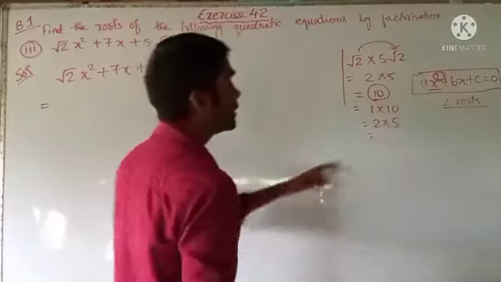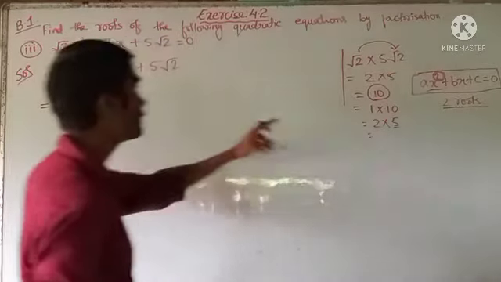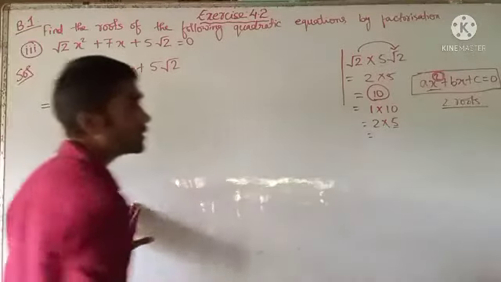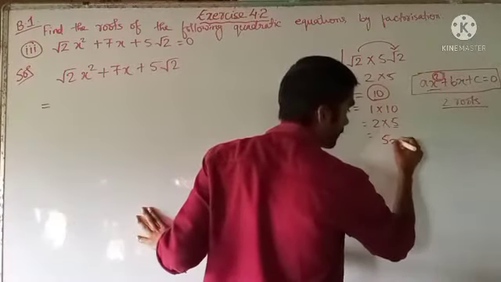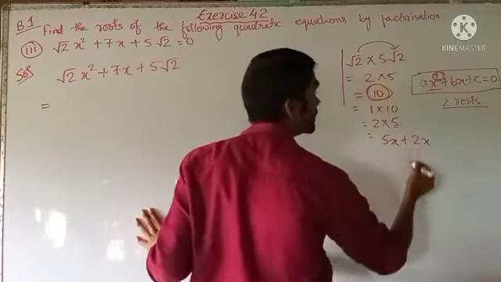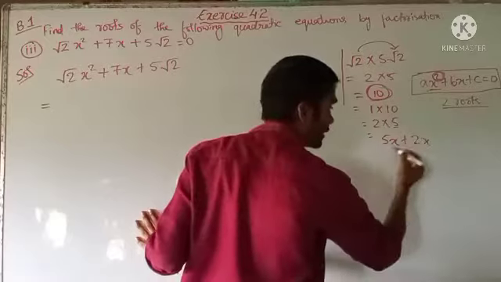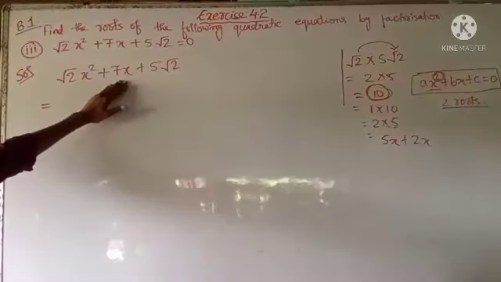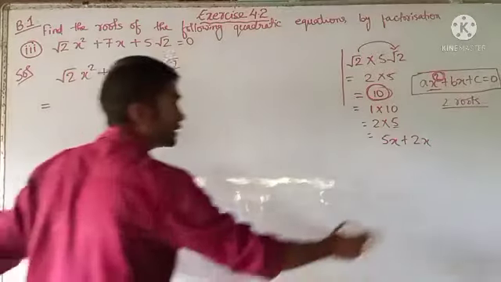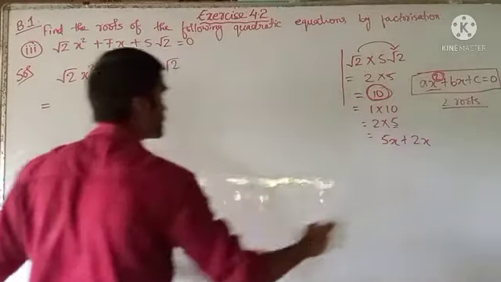Using these factors we will try to find the middle term either by adding or subtracting. If we add 5x plus 2x, we get the middle term 7x, and if we multiply 5 and 2 we get 10. So instead of 7x we will replace it by 5x plus 2x.